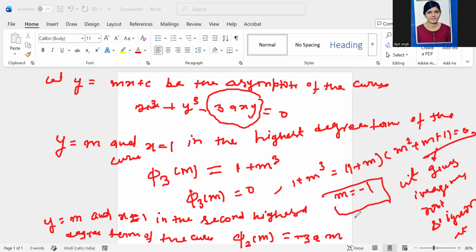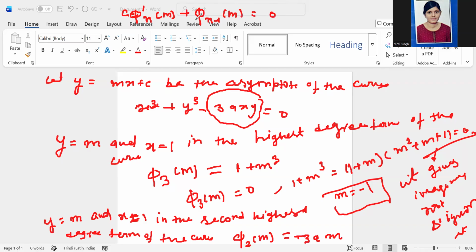Now there is a formula to calculate the value of c. Let me write it: c phi n dash of m plus phi n minus 1 of m equals 0.